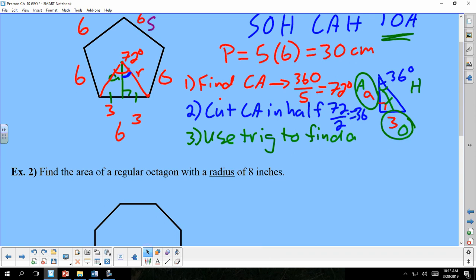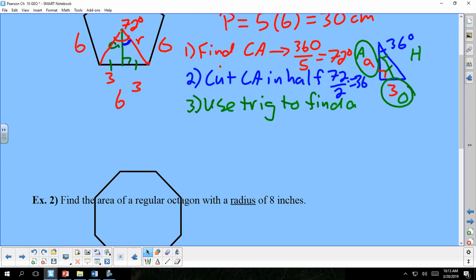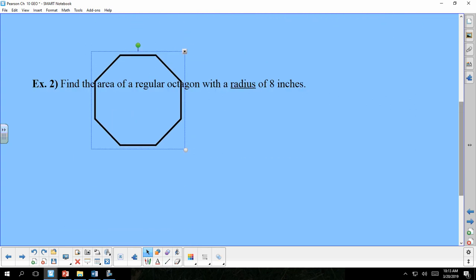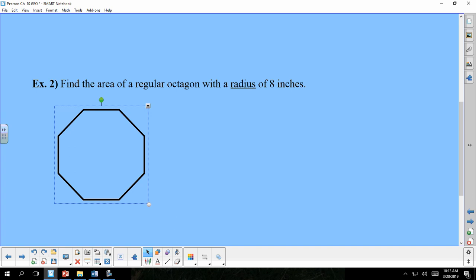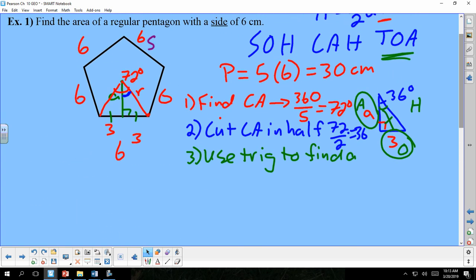I'm going to give myself a little bit more room. So always write these out. Right? We have tangent of 36 equals opposite over adjacent.